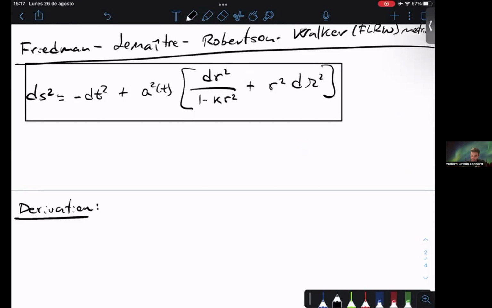Then we're going to say that the spatial component of this three-sphere is given by some coordinates, which can be described by some radius, some angle, and two other angles. And then the fourth dimension is what we're going to call the z-axis, which is going to be our c.